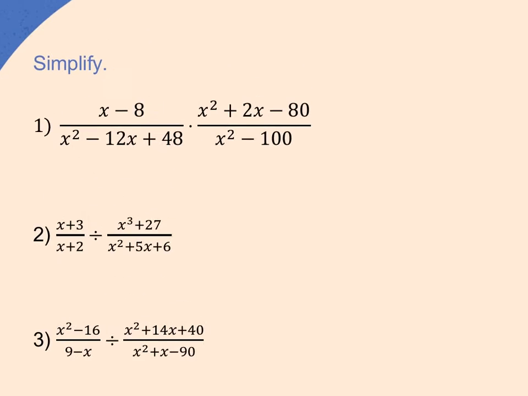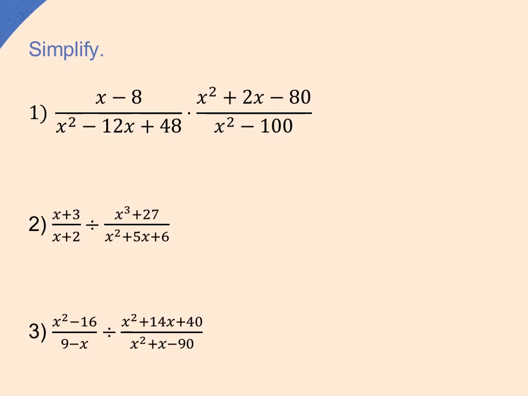So with number 1, this is multiplication, so I just need to look at all the spots. So x minus 8 cannot be factored. On the bottom, I'm looking for the factors of a positive 48 that sum to negative 12. Are there factors of 48 that sum to negative 12?